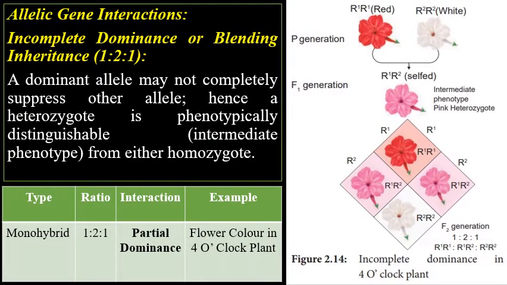In previous lectures we have seen different Mendelian laws. There are particular fixed ratios, but after the advanced studies in genetics, the gene interactions, that is two different types, allelic and non-allelic gene interactions, show ratios different from the Mendelian ratios which we saw in the previous lectures.